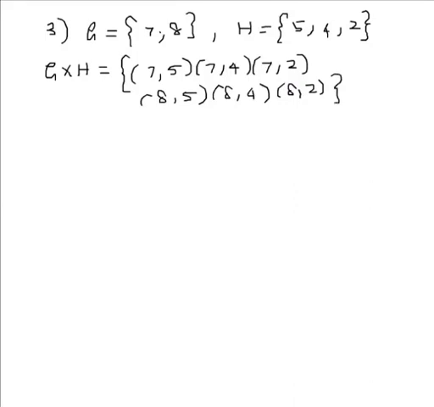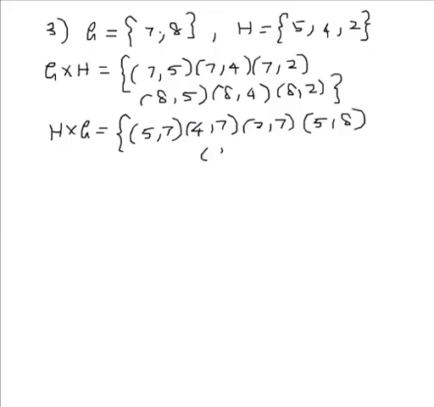This is G cross H, and we have to find H cross G. We have to write the elements of H first here. So (5,7), (4,7), (2,7), and then (5,8), (4,8) and (2,8).